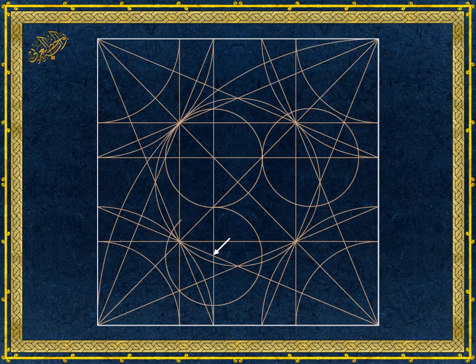Then we draw arcs with the same radius centered at the 4 corners of the square, and this point, and this point, and this point.